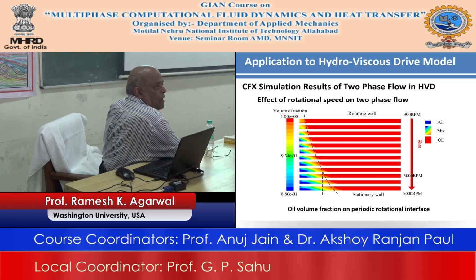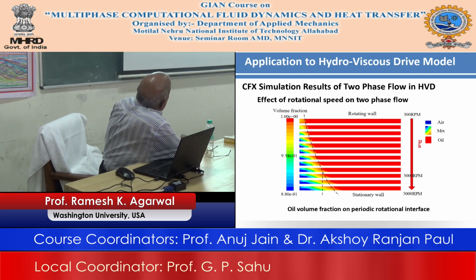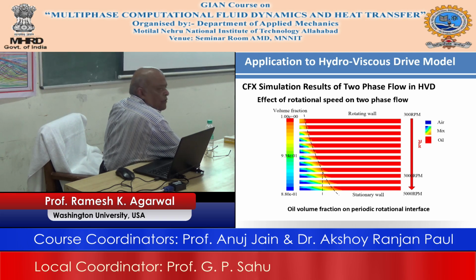So, if you do what I told you and you do the calculation using Fluent and then you get a periodic solution, then it turns out that at the outer edge of the device there is a cavitation.